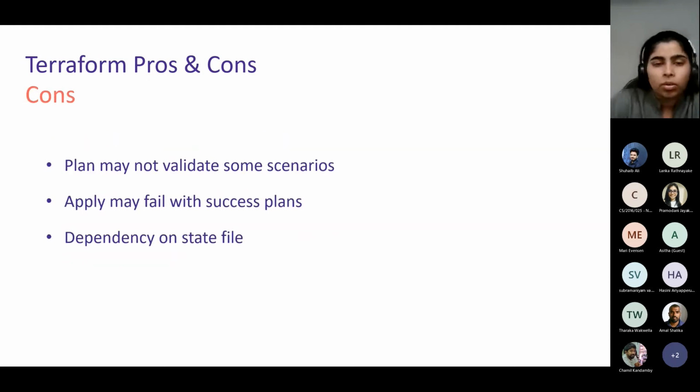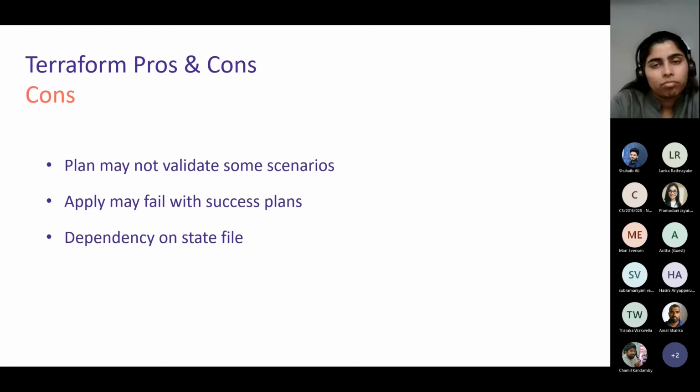Let's move to cons. So the main thing is it has a dependency on a state file. We have a configuration file, and we have actual resources. In between the configuration file and the resources there's a state file. So there is a dependency on this state file.